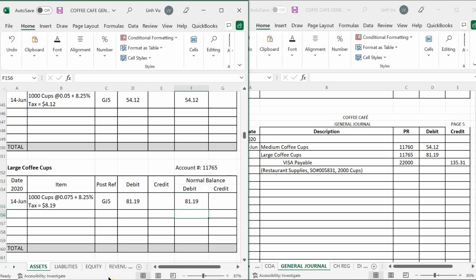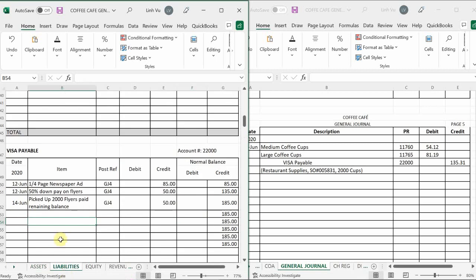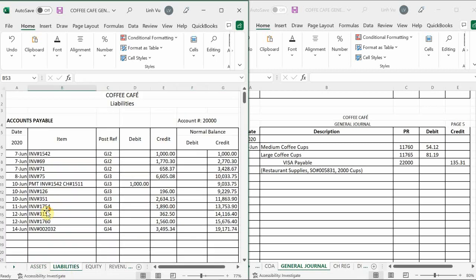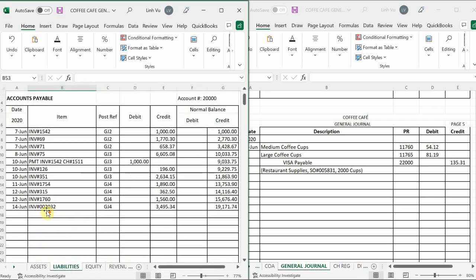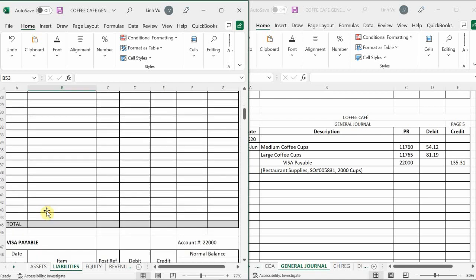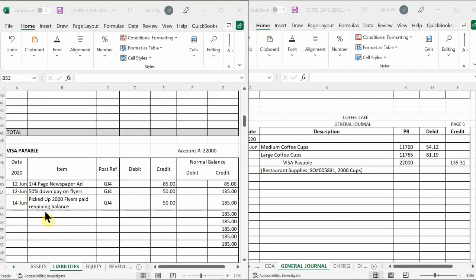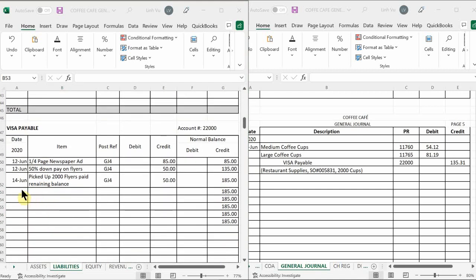Okay. Last but not least, we recognize that we used our Visa payable. Here we go, Visa payable. Today's the 14th. What did you buy? You could just simply say you bought 2,000 coffee cups.